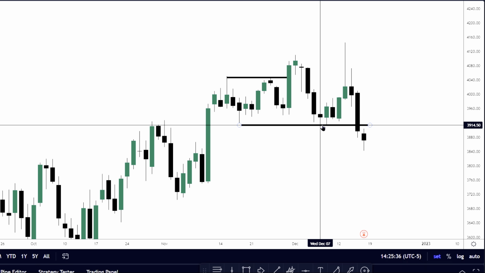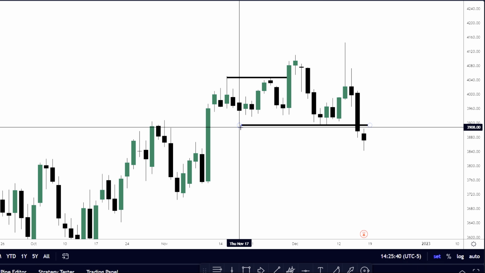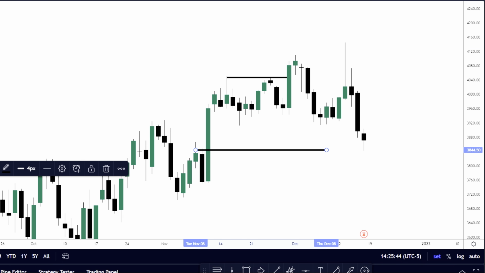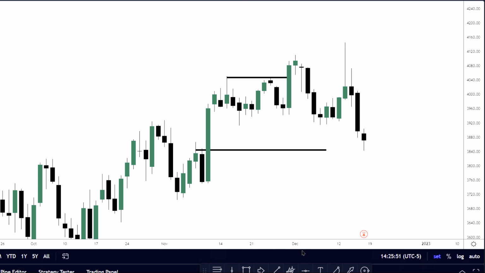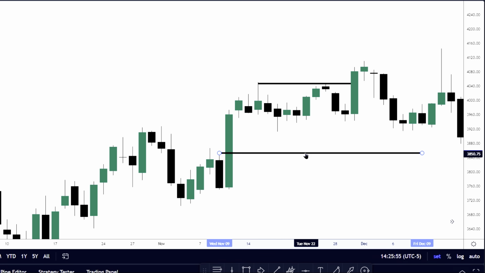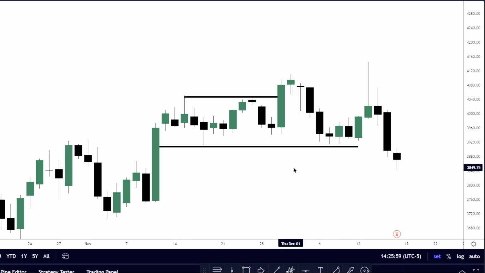So we came down, cleared those out, didn't take out the liquidity here. So you see that? I have that other mouse turned on. See how it just left it there? Yeah, it just left the low there. Didn't take it. Almost.